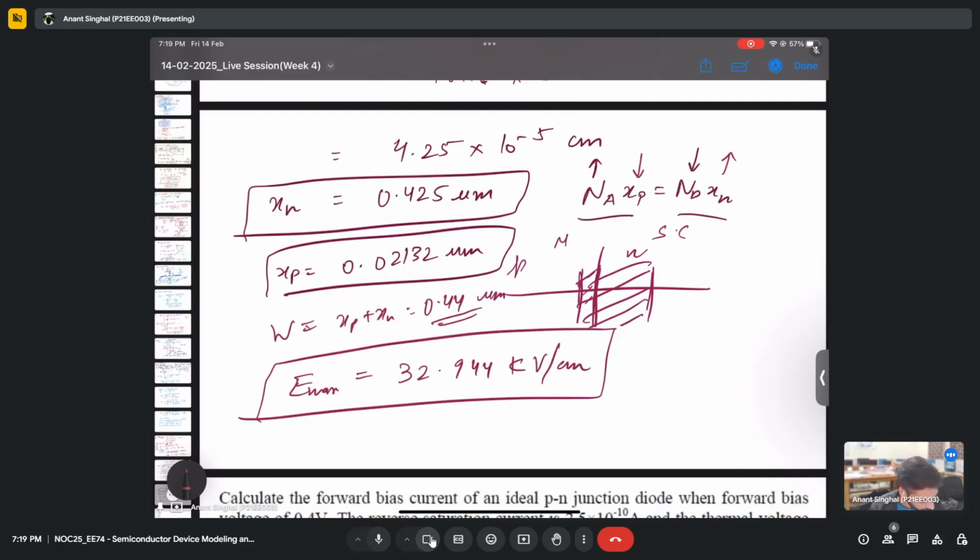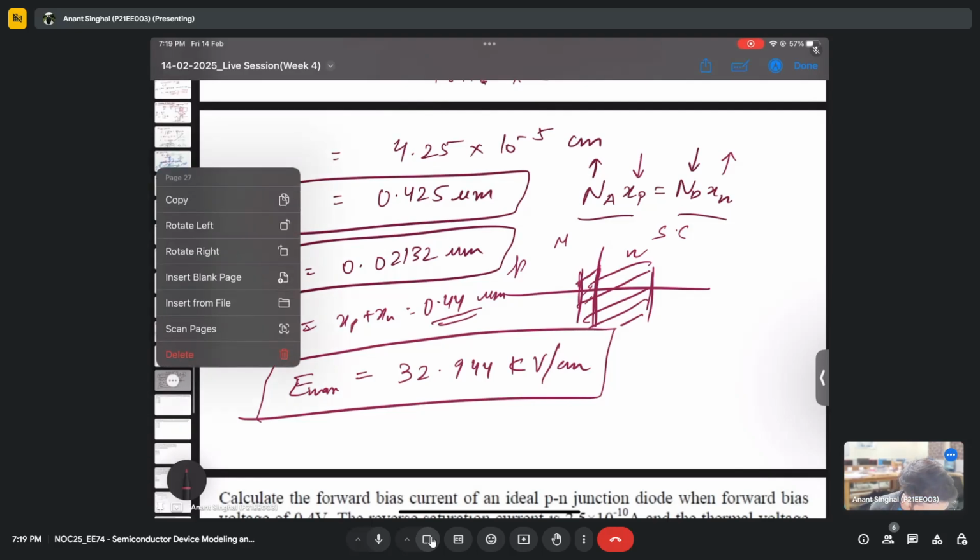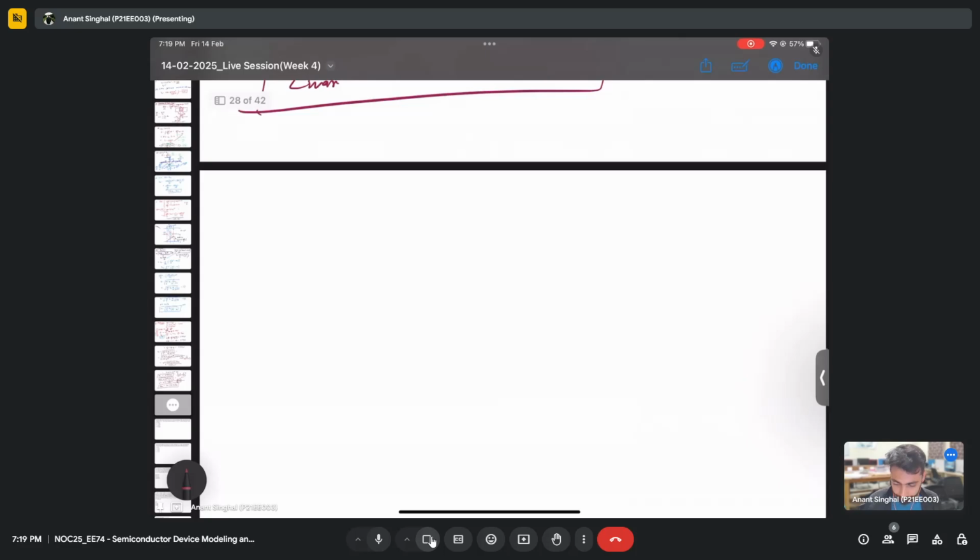Okay, so now comes a very good question. Please follow the concepts, not just blindly write anything. So now let's say I have an N plus N silicon device. So you already know now how to make a band diagram.